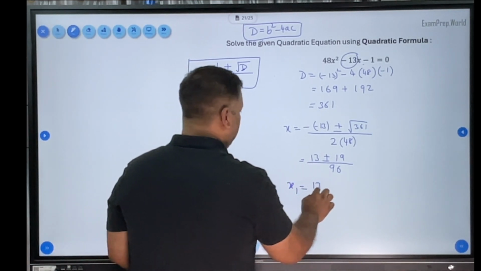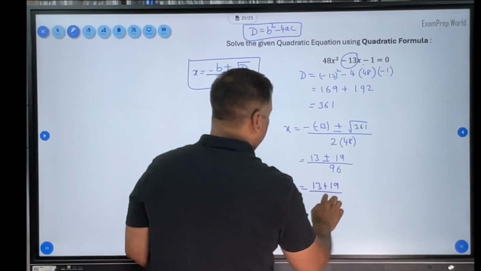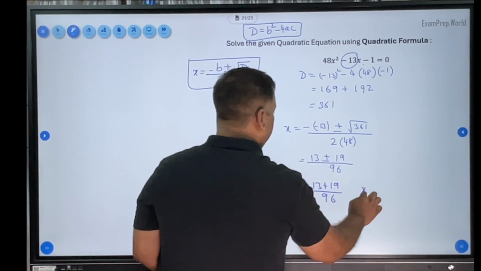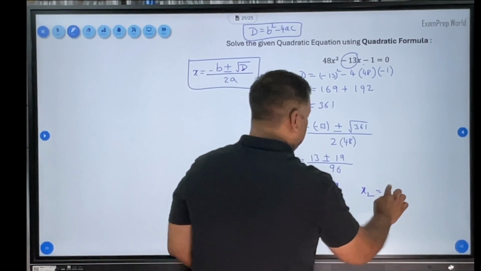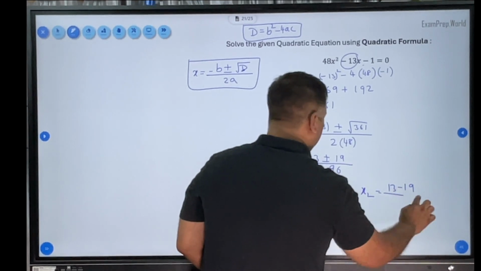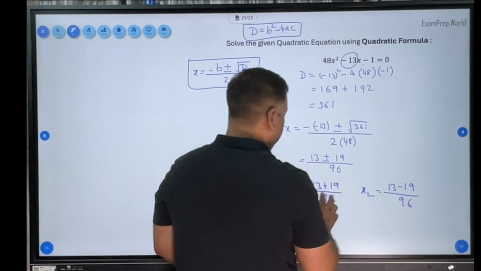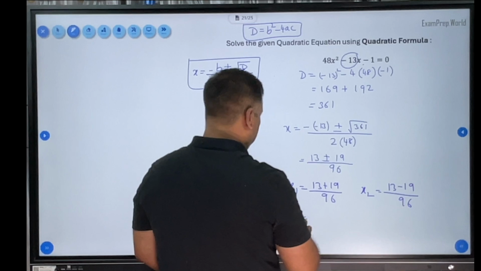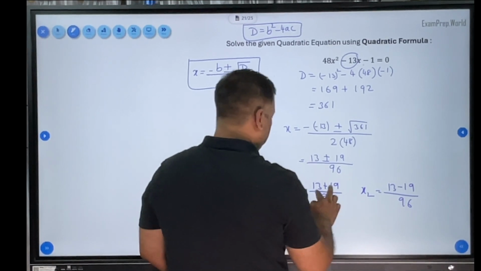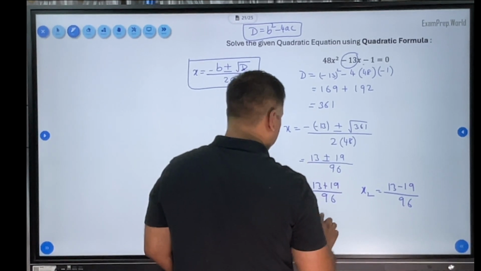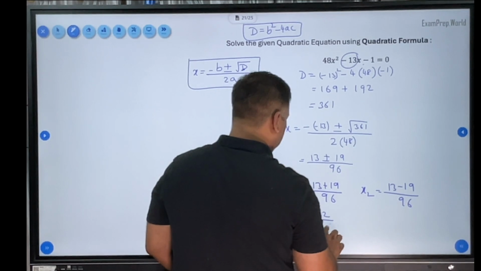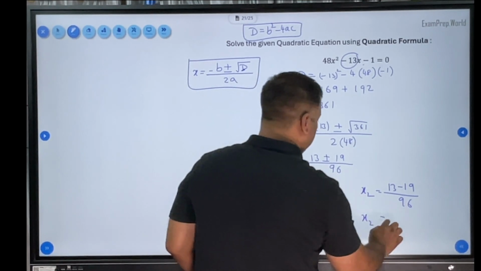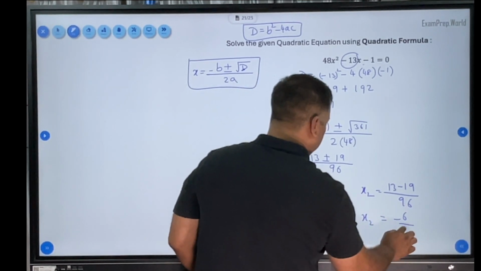X1 is 13 plus 19 by 96, and X2, the other value, is 13 minus 19 by 96. So X1 is 32 over 96. X2 is minus 6 over 96.